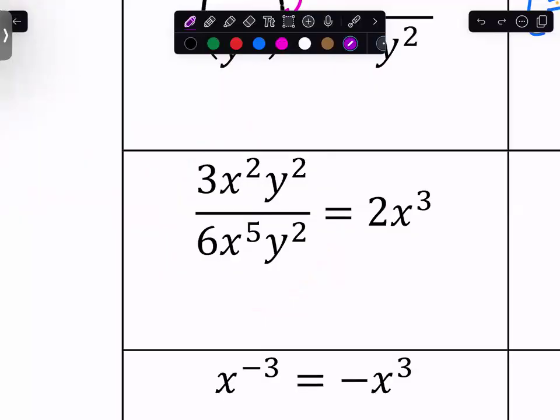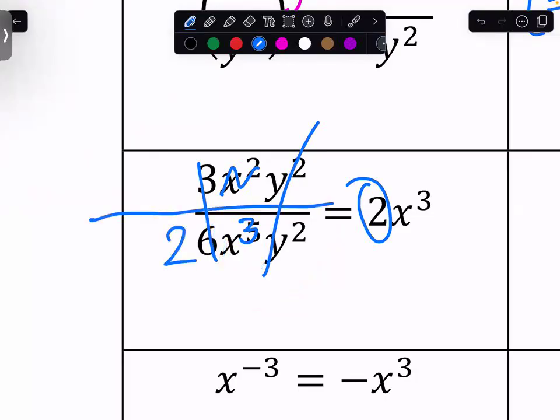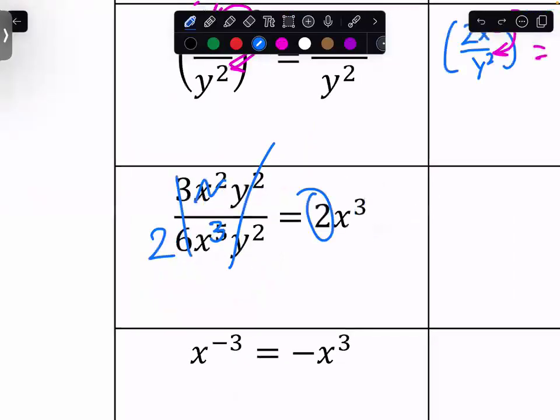It's easy to say, oh, 3 and 6, divide 6 by 3 to get 2. x to the 5th and x squared, you get rid of x squared from both sections, so that leaves an x cubed. The y squareds cancel out. The problem is the x cubed and the leftover 2 from the 6, those are both in the bottom part of the fraction, right? So you need to keep them in the bottom part of the fraction.